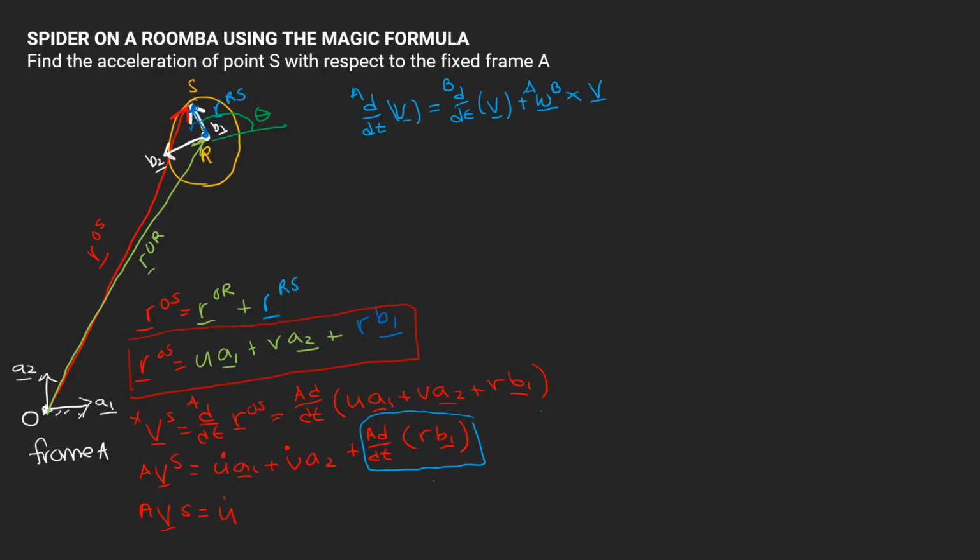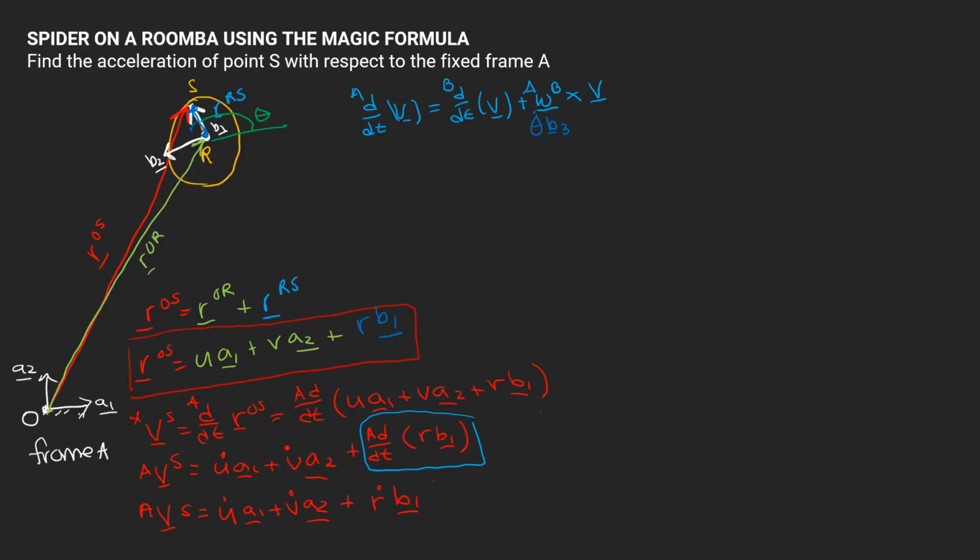You have U dot A1 plus V dot A2 plus, so you take the time derivative of V in frame B, so that gives you R dot B1. Then you have to take the angular velocity, which you can, in this case, write as, I'm just going to write this up here, this is theta dot B3.